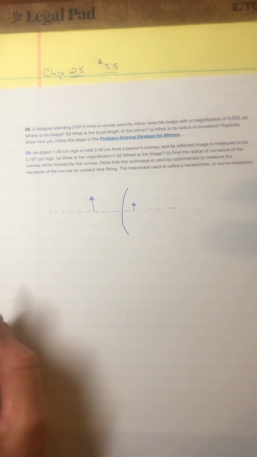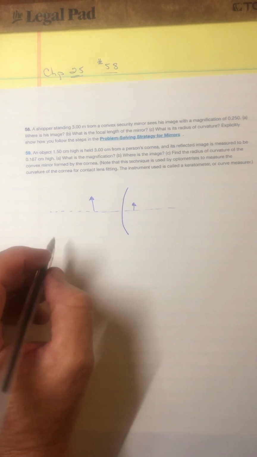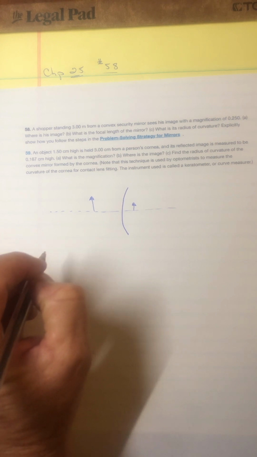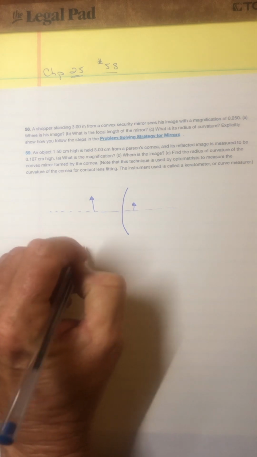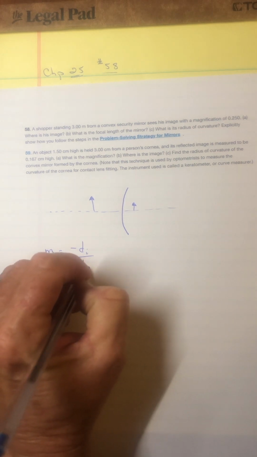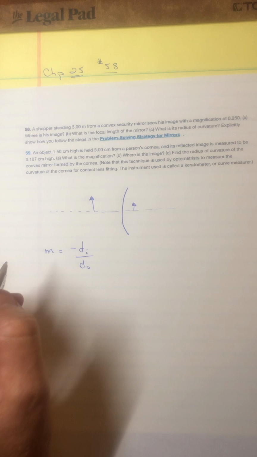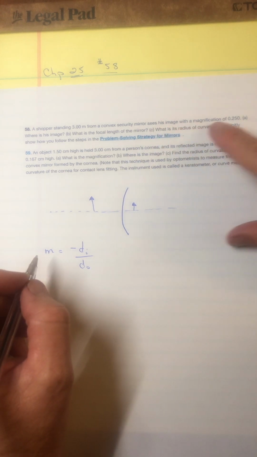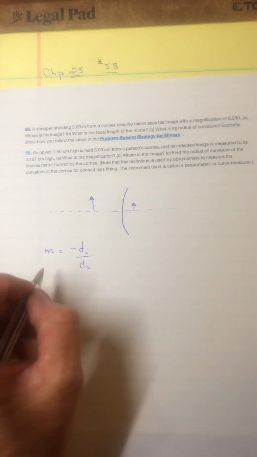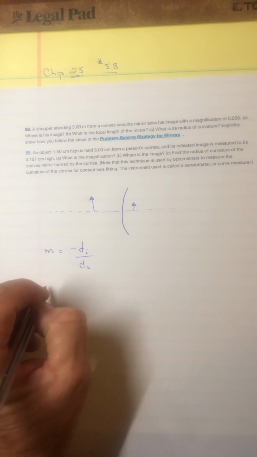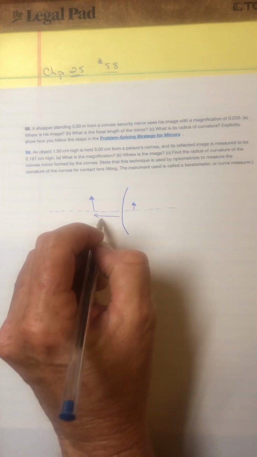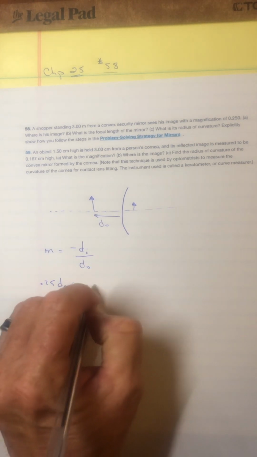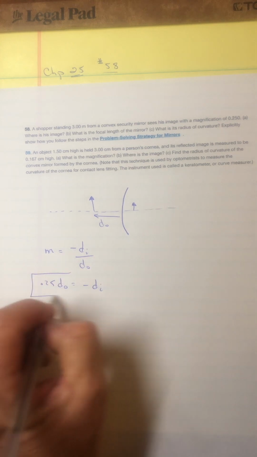So the first thing I need to do is say, all right, we have the magnification, call it M, which is minus the height of the image over the height of the object. They say the magnification is 1/4. So this tells me that 0.25 times the object distance, that would be this right here, equals the negative of the image distance.